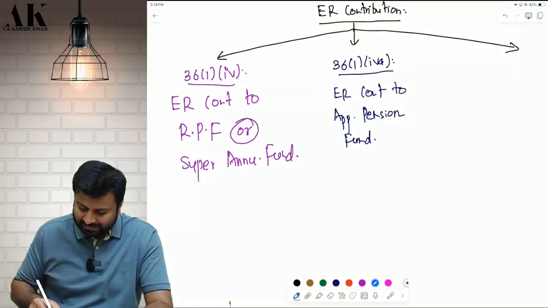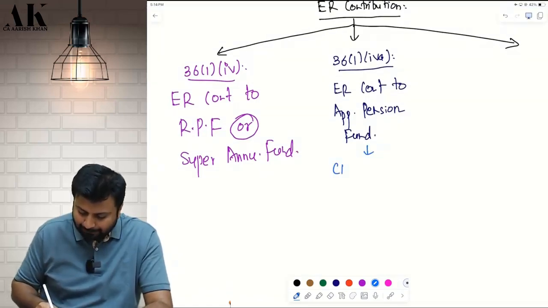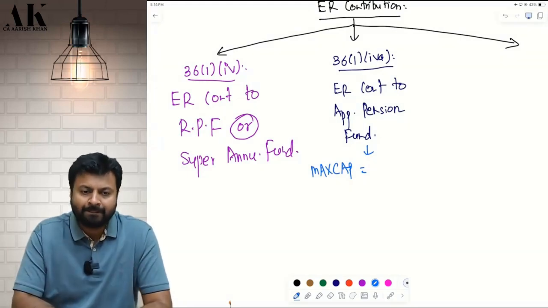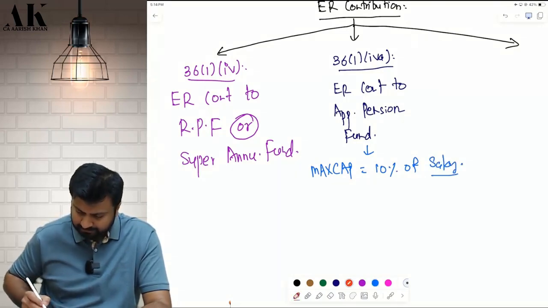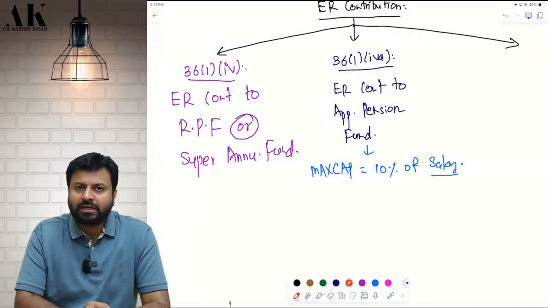But here there is a cap. Cap means there is a maximum cap given by the government. Only that much deduction will be allowed to you maximum. Shall I say? It is 10% of salary. Maximum 10% of salary will be allowed as a deduction to the employer.